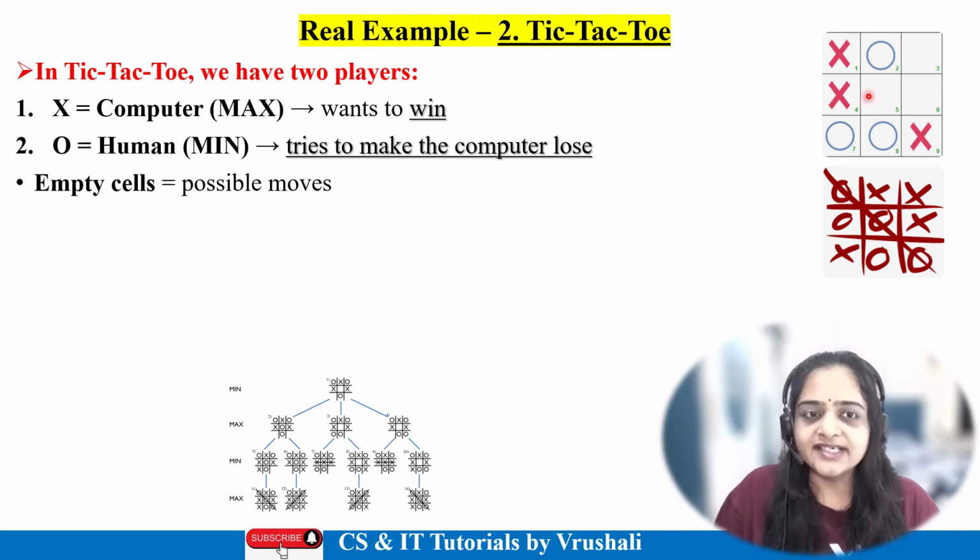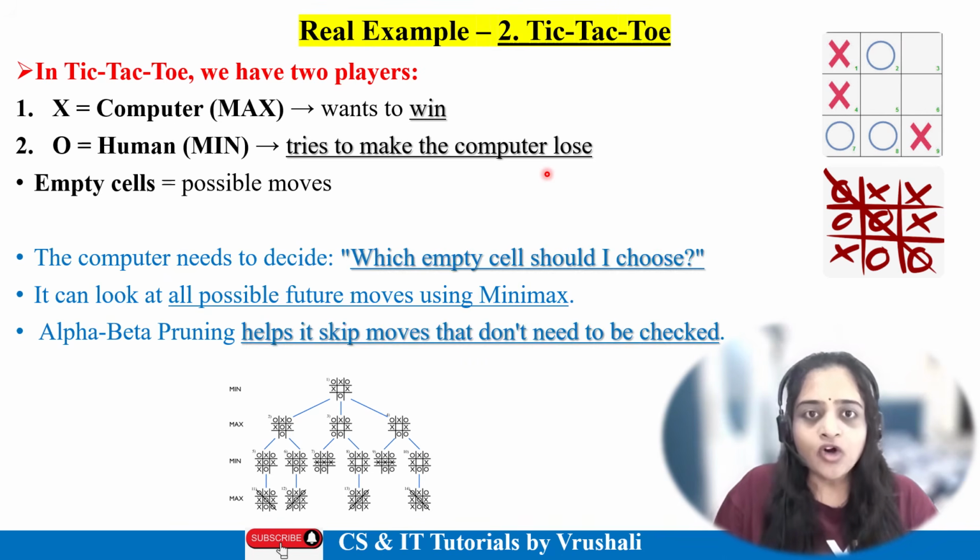These empty cells are the possible moves. Now what happens here? The computer needs to decide which empty cell it should choose. This is the game. So the computer always chooses the best empty cell. It can explore all possible future moves using this min-max algorithm.